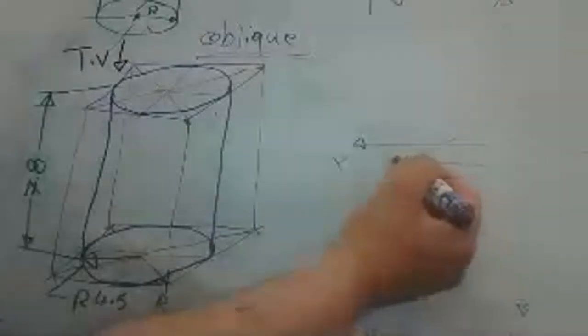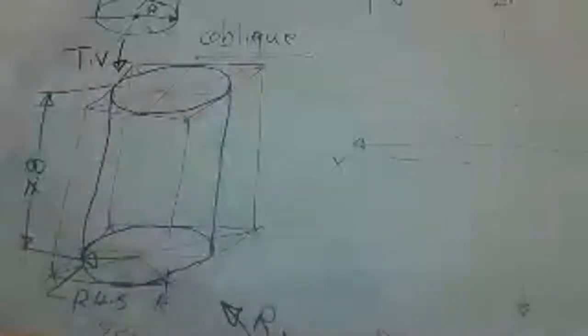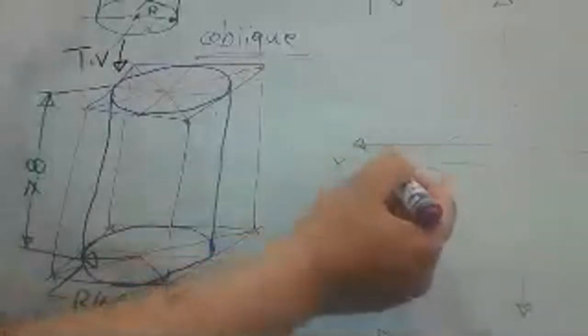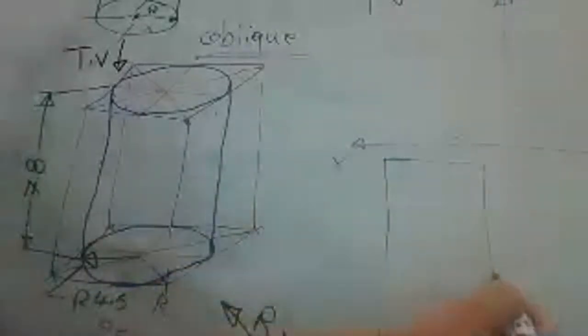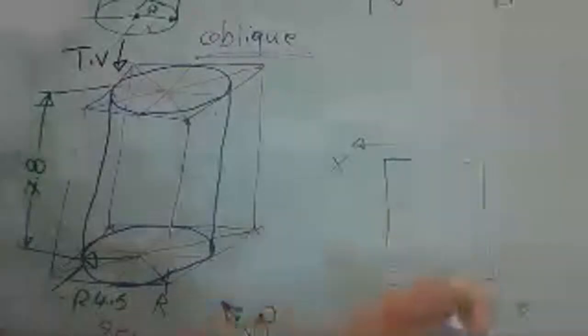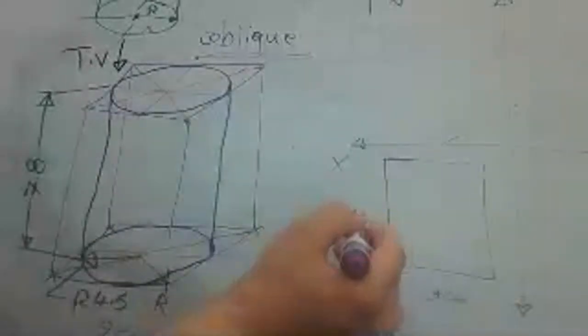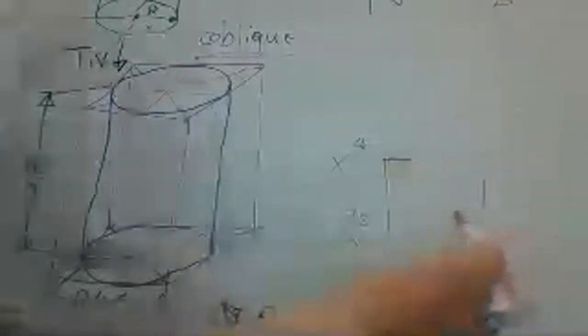This is the width of the cylinder, and this is the height of the cylinder. Here, 9 centimeter, and here 7.8 centimeter.